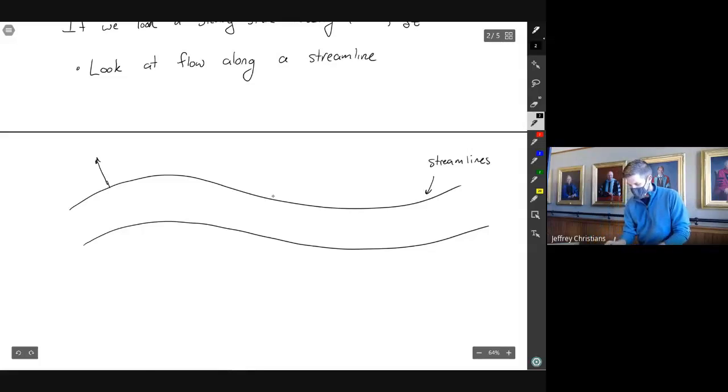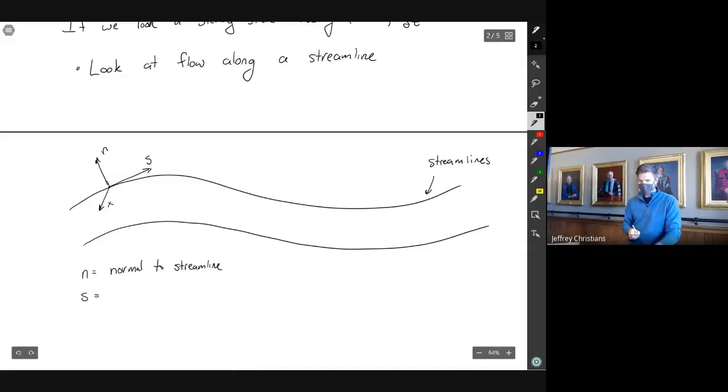So we'll attach axes. There's going to be a normal direction, we'll call that N. There's going to be a direction that the particle is moving, we'll call that S. And there's going to be a direction in and out of the page, which we can call X. So N is normal to our streamline.